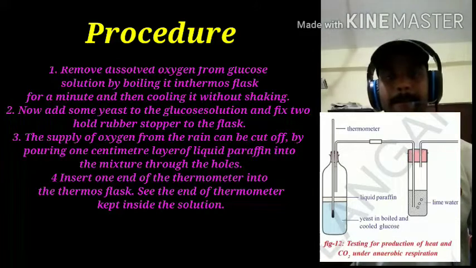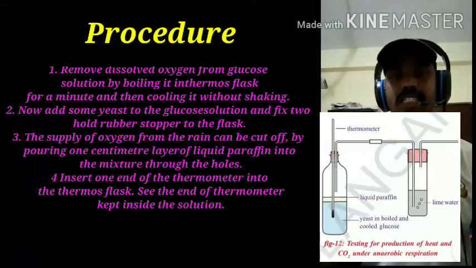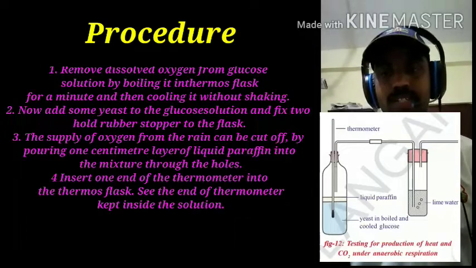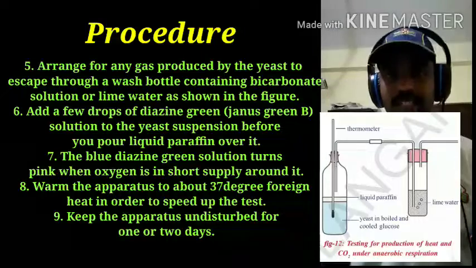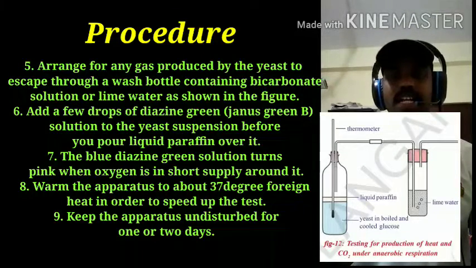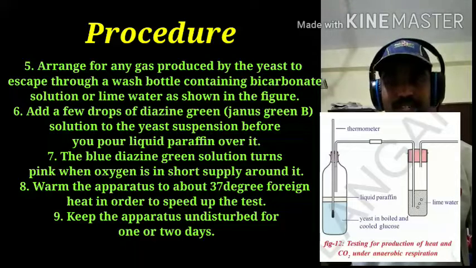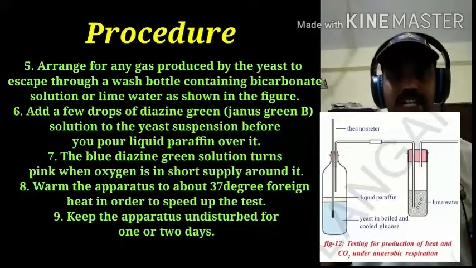Whenever we heat the solution, oxygen is removed from the glucose solution. After that, you have to add some yeast cells to the glucose solution and fix a 2-hole rubber cork stopper to the flask.